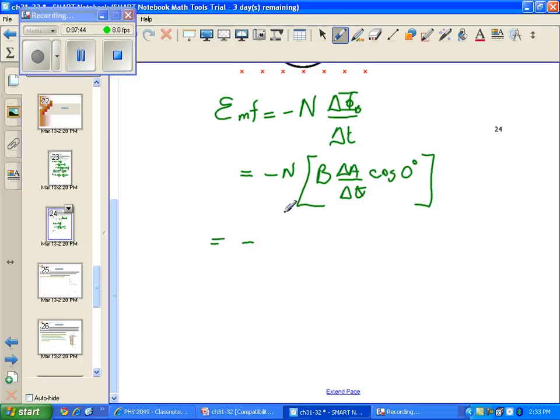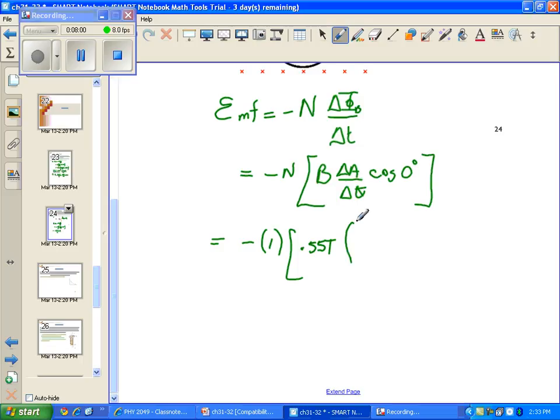We've got minus. Our N here is just 1 because we only have really one wire making up one loop. The magnetic field is 0.55 Tesla, and it's constant.